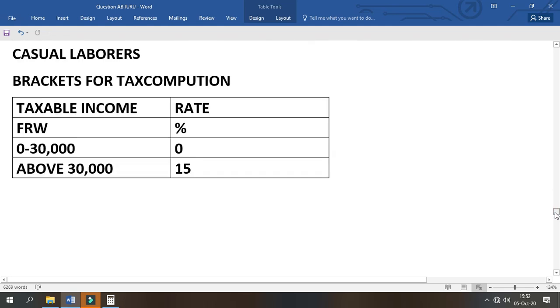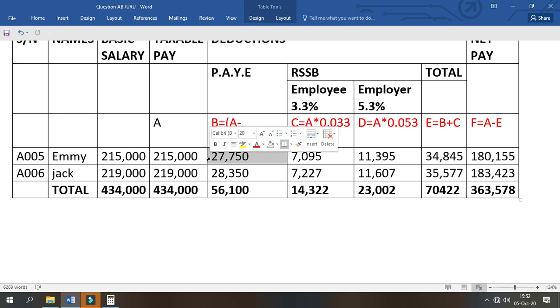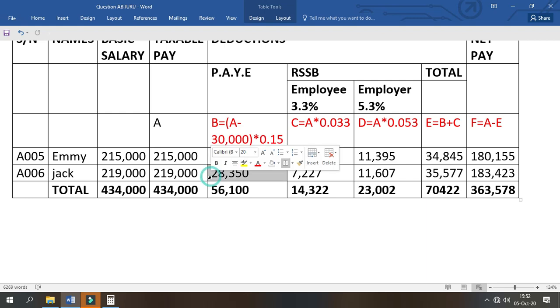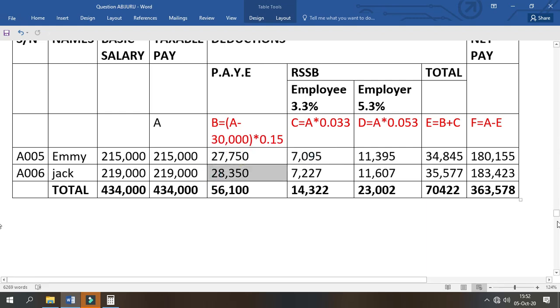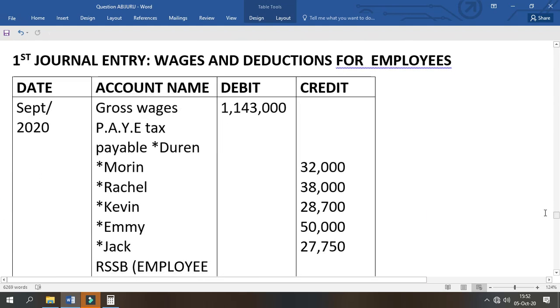And for Amy, the pay as you earn is equal to 77,750, and for Jake is equal to 28,350. This is the pay as you earn tax payable we have credited in our payroll journal entry.